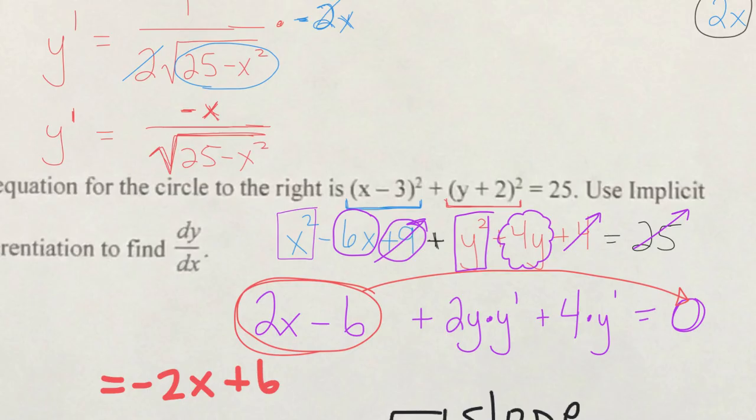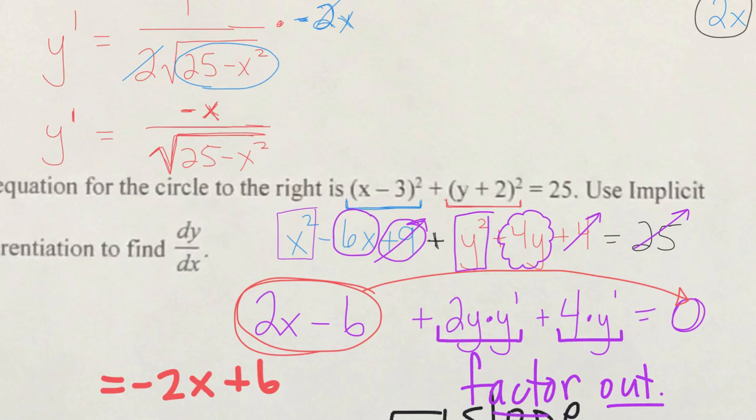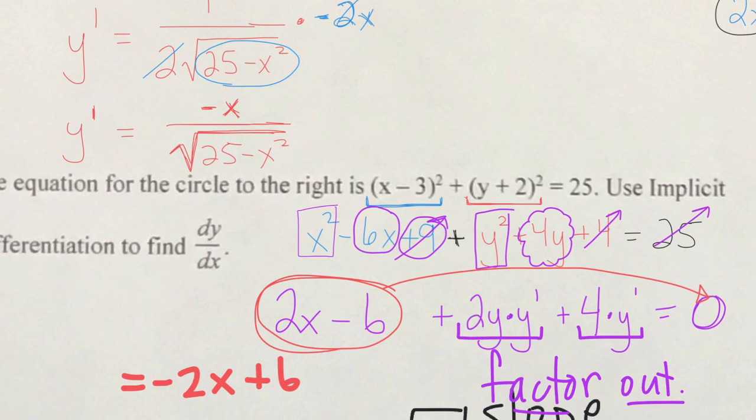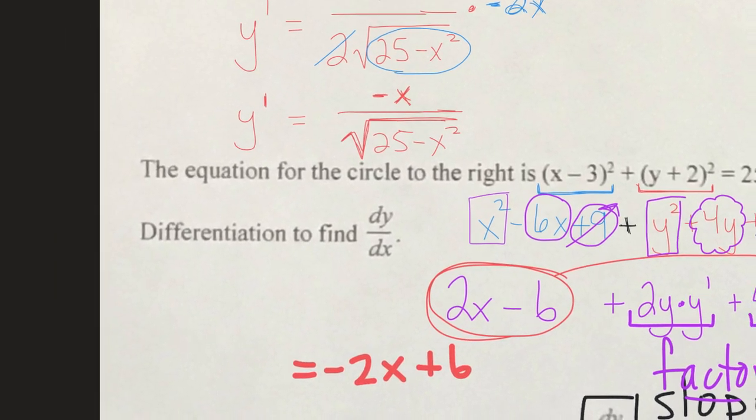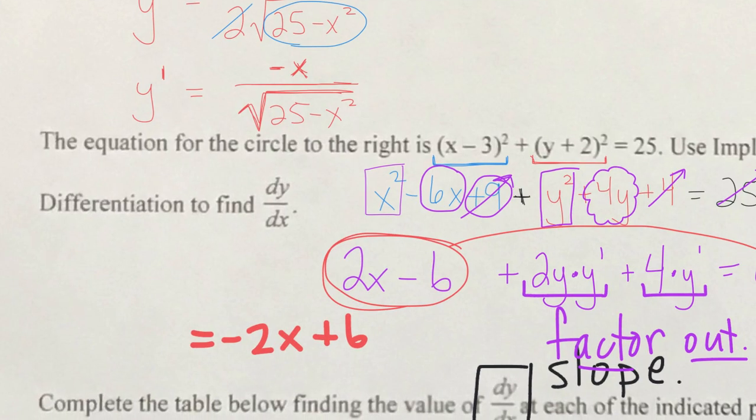And now, what do these two terms have in common? They both have a y prime. Okay, so we're always going to be able to factor out a y prime from every term that had a y in it. Okay, this is part of the algebra that we're going to need to get familiar with.